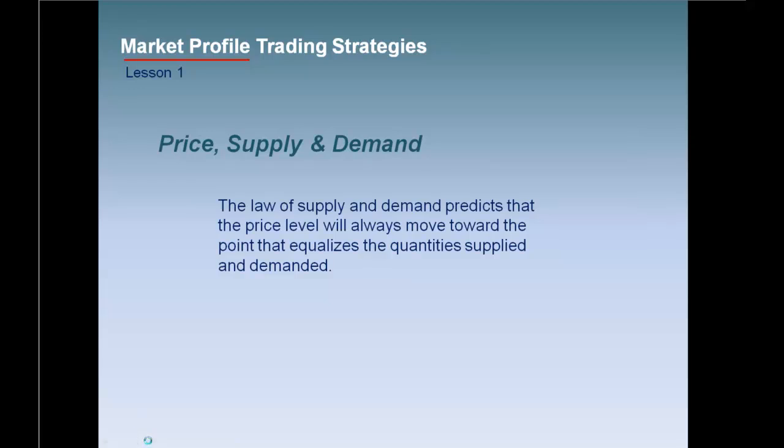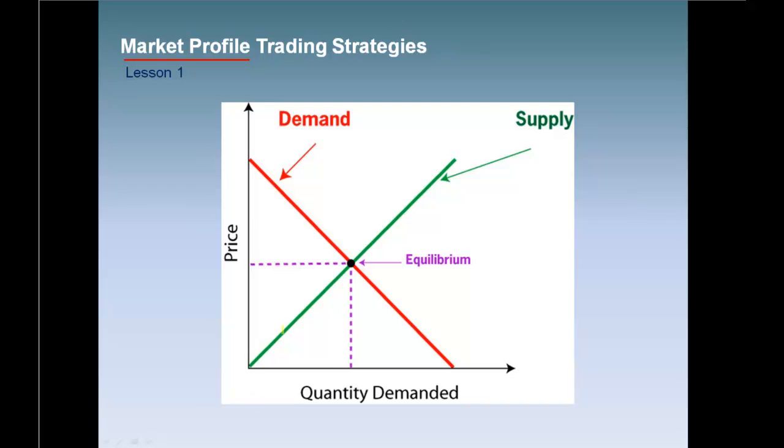And this is best illustrated by a graph. So if we have the supply curve here, the green line, and we have the demand as the red, the point of equilibrium is where these two curves meet.